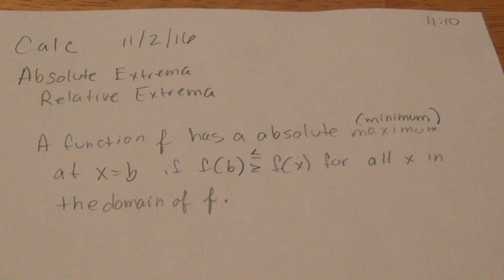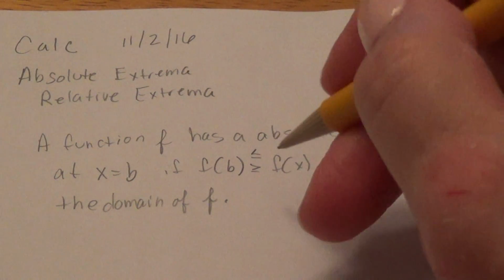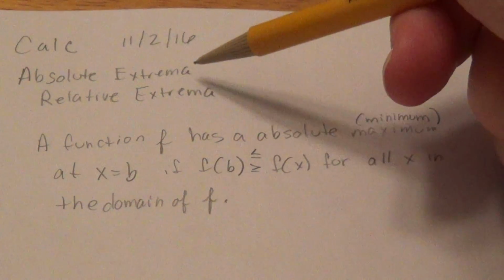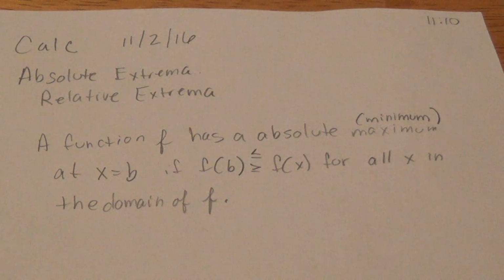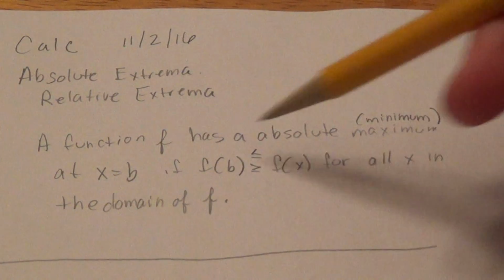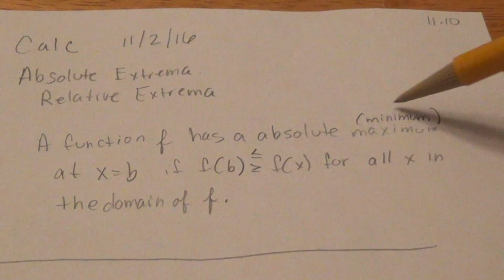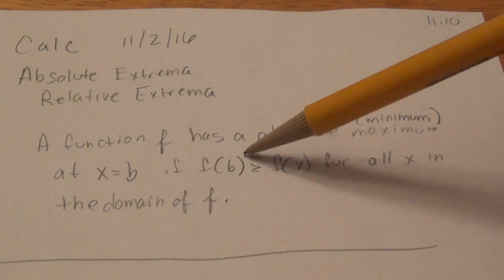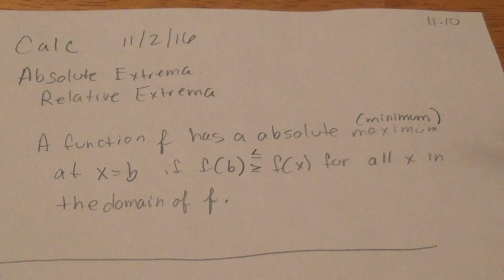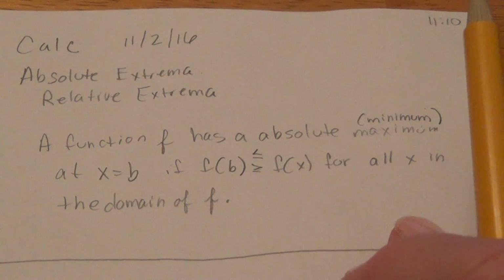So the absolute minimum and the absolute maximum are sometimes called the absolute extrema of the function. I didn't write out everything for minimum, but where this word maximum occurred, minimum would be substituted, and less than or equal to would be substituted in here. Otherwise, they're the same.